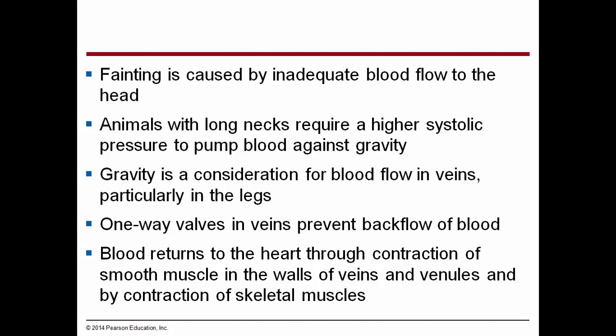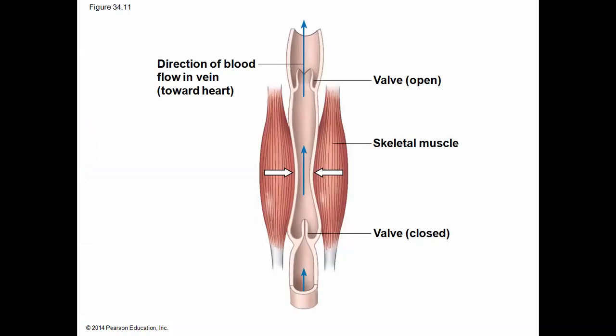So even though the heart is drawing venous blood into it, the way that venous blood gets back to the heart is through contraction of smooth muscles in the walls of the veins and the venules, the smaller parts of the veins, and the contraction of skeletal muscles. If you move around a lot, you're helping your blood to return to the heart. Every time your muscles contract, it helps your venous blood return to the heart.